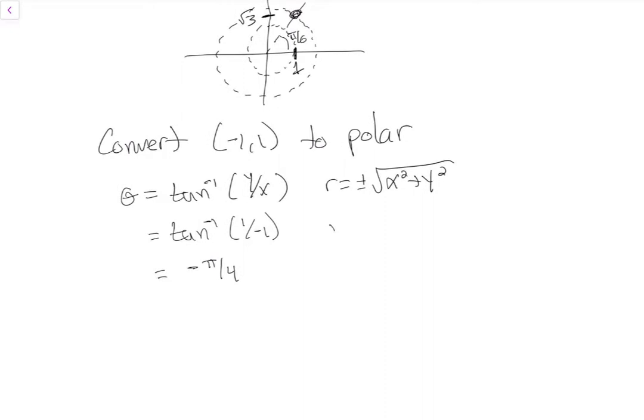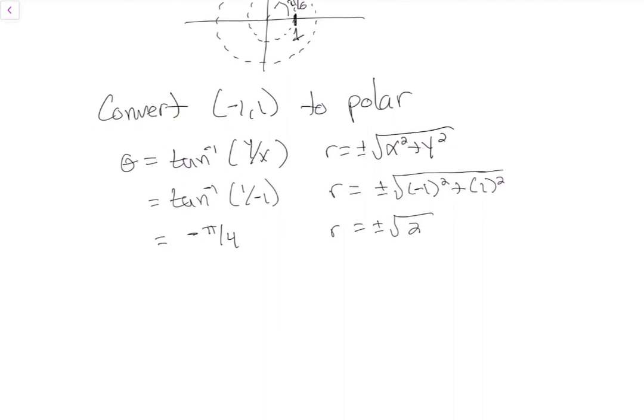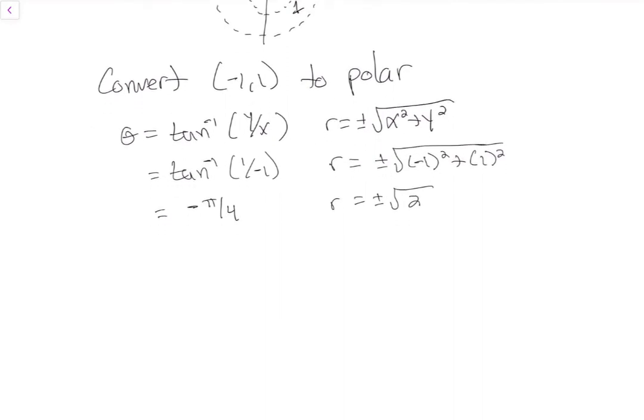So if we plug into the r conversion, my x was -1, I square that. My y is 1, I square that. So I get r is plus or minus the square root of 2. Which r do I choose there? So I'm going to do the same thing we did up in that problem above. I'm going to plot this point. So the Cartesian point (-1, 1) is going to lie in quadrant 2.